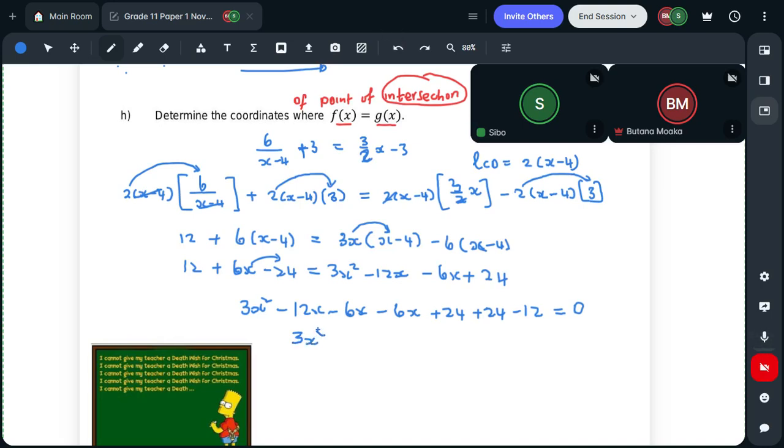3x squared, then minus 12, minus 6, that's minus 18, and then minus 6, that's minus 24. So this will be minus 24x. And then 24 plus 24, that's 48. Then 48 minus 12, that's 36.